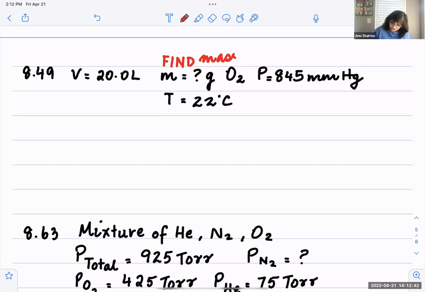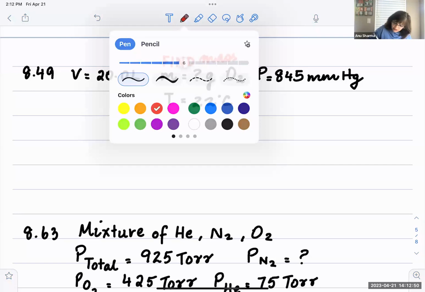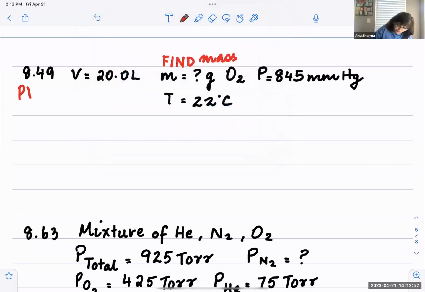Mass of oxygen. In this case, it's reversed a little bit. The formula is PV is equal to nRT. Here, the R value is different.